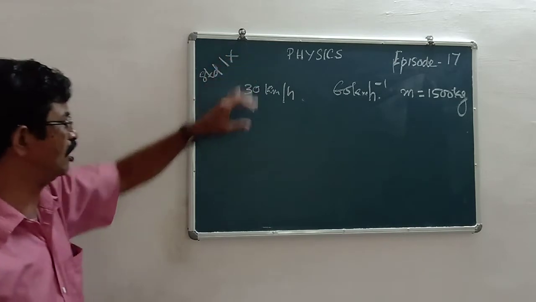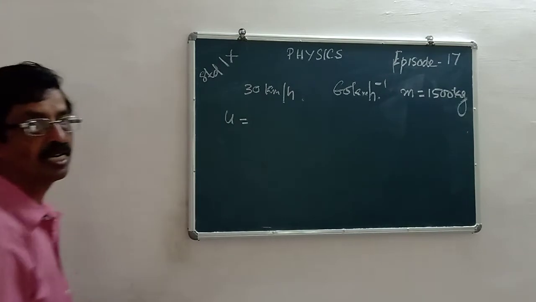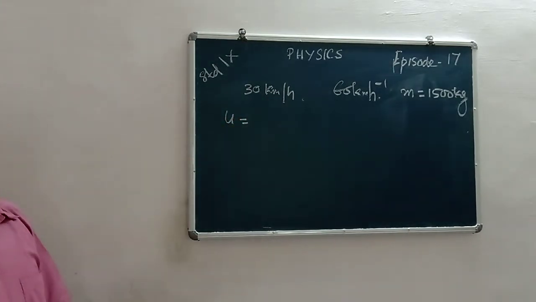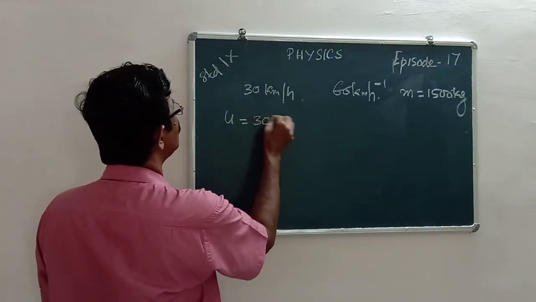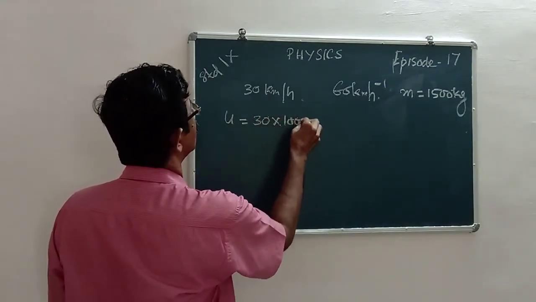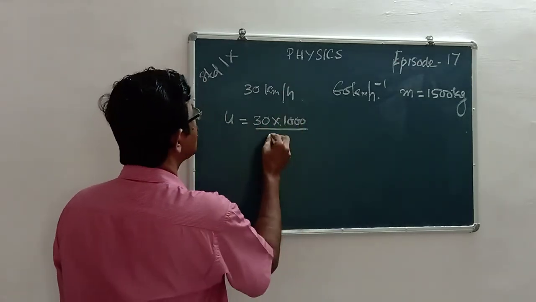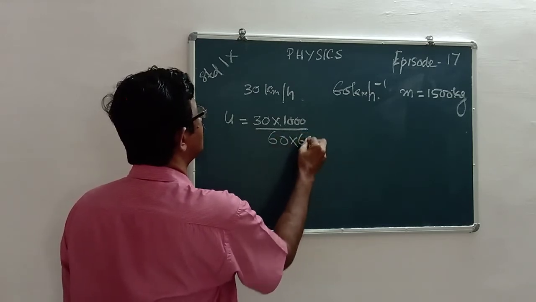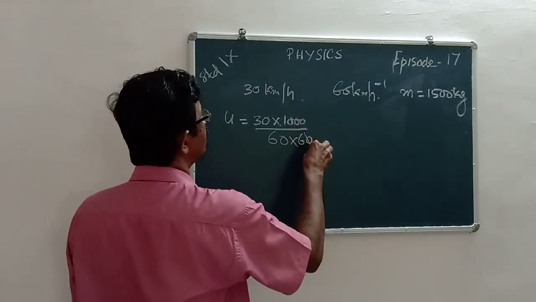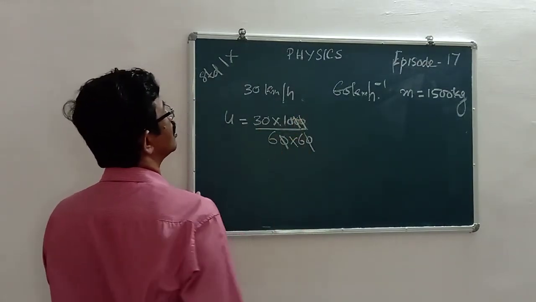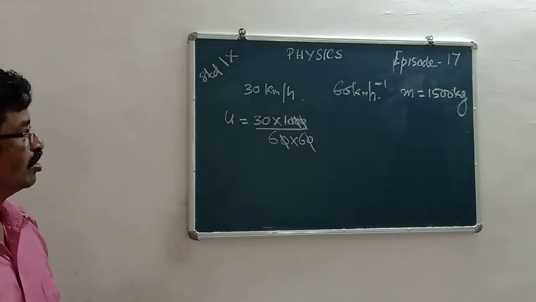See, its initial velocity u is given here, 30 kilometer per hour. That is 30 into kilometer, we change to meter by multiplying with 1000, and the hour is changed to seconds, 60 into 60. Then how much will it be? That means 300 by 36.